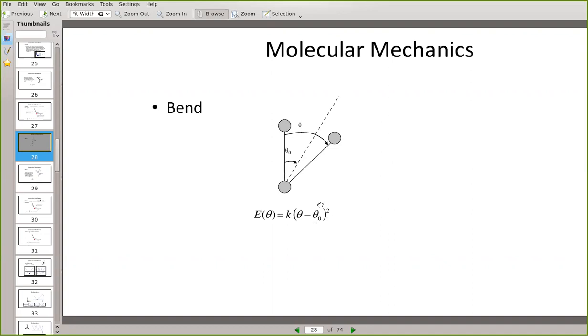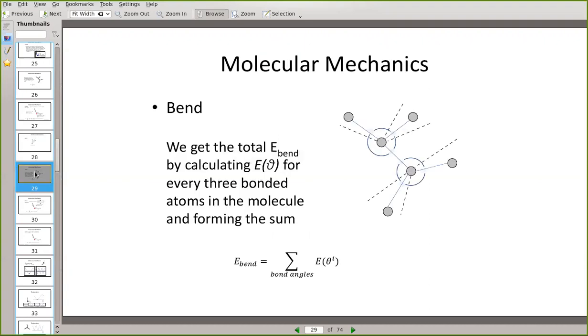And so we know what theta naught is. It's 109 degrees. And if it's not 109 degrees, we can have a constant for that particular angle. So if it's an HCH angle, we'll have a constant for it, and we can calculate the energy due to it not being at the equilibrium bond angle. Of course, in a molecule there'll be many angles.